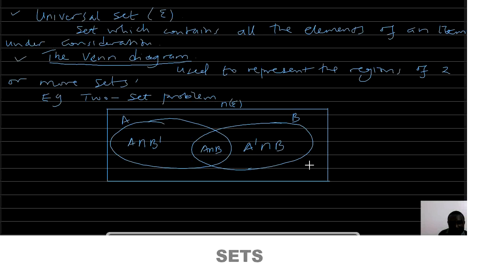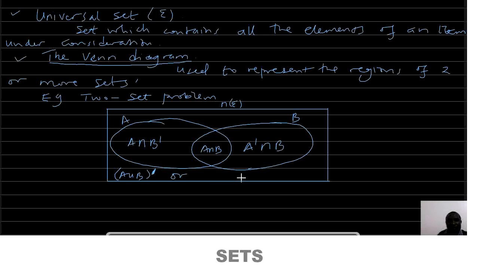Then the region outside here, if you are interested in the region outside here, it means you are going to shade the union of A and B. It means that the region outside here is the complement of the union of A and B. So we have A union B complement.